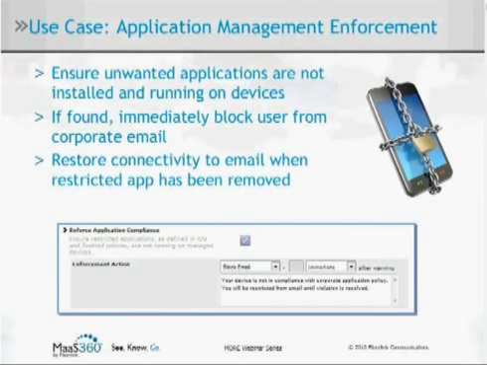Whether that action is just alerting the user, blocking the user from your corporate email until that application is removed, or even wiping that device, you can fully set up a policy that says, if a disallowed application is identified, so application blacklisting, or if a non-approved application is identified, so the concept of whitelisting, you can fully automate that process and make sure your users are only running approved software on their devices that meets your company's policy.